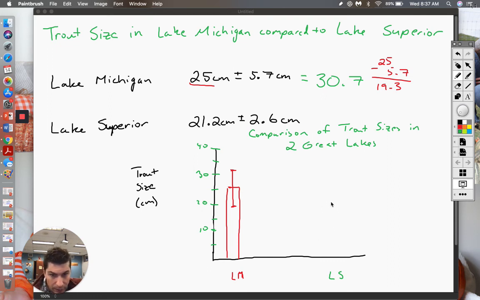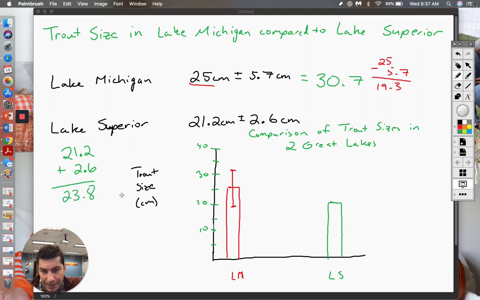So 21.2, maybe like right here for Lake Superior. Okay. If we do 21.2 plus 2.6, we get 23.8, which is probably about right here.